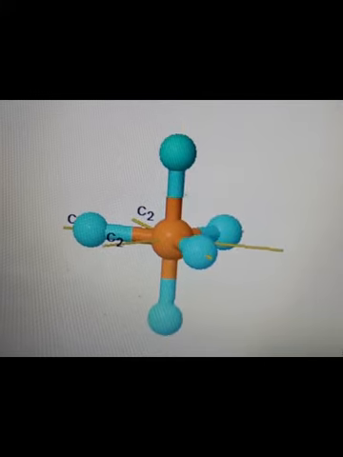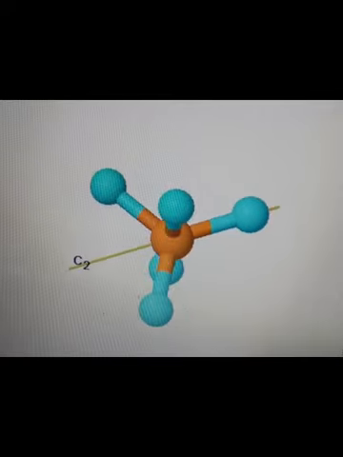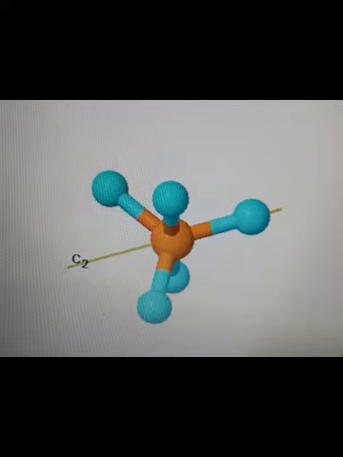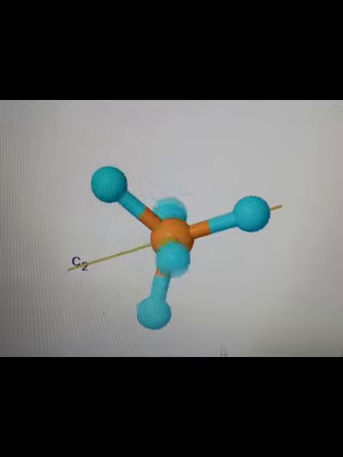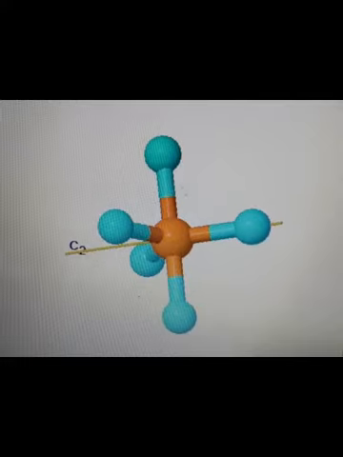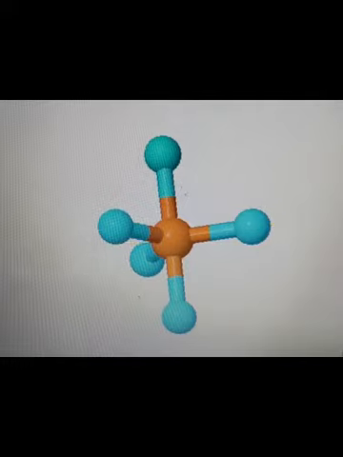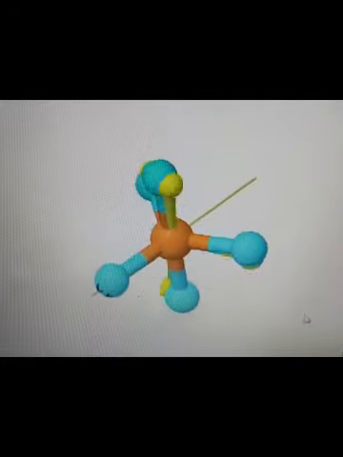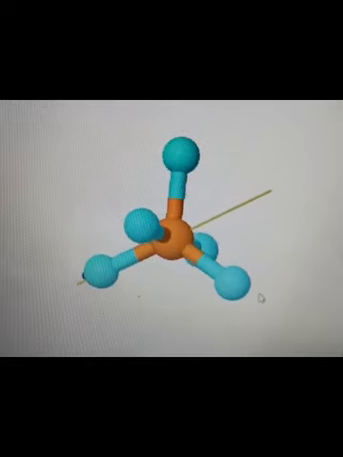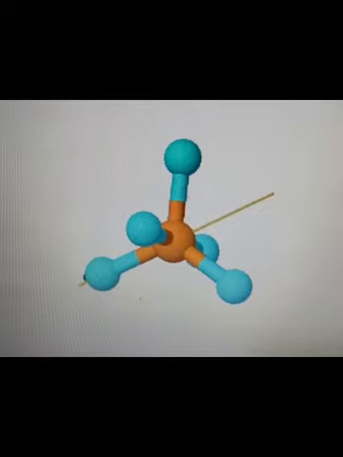Now you look at the rotation in all these cases. So this is how the rotation is taking place. If you look at this particular C2, the rotation takes place like this. Now the other C2 rotation.